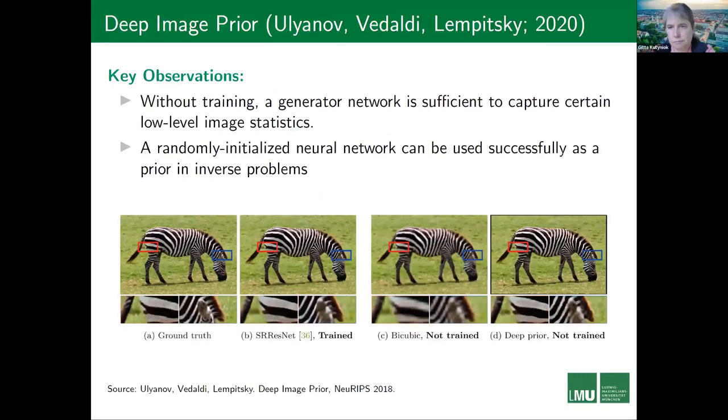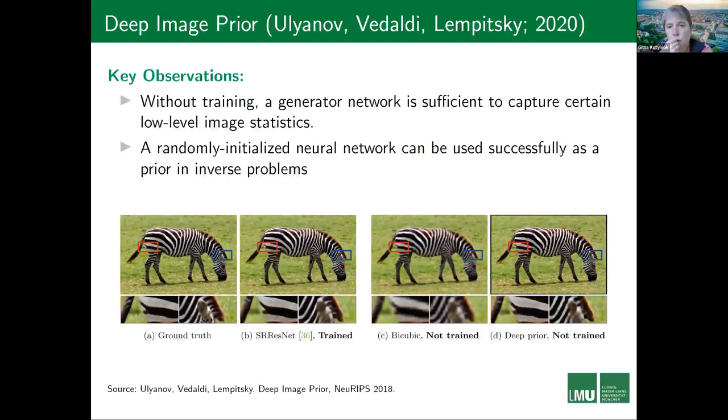Okay. And the last thing I would like to show you is what's called deep image prior. It follows now again a different philosophy. So here the idea is that again we want to use a network in some sense as a prior, but here we use just the network which is randomly initialized, and for a certain reason this seemed to work extremely well, which is actually quite surprising.